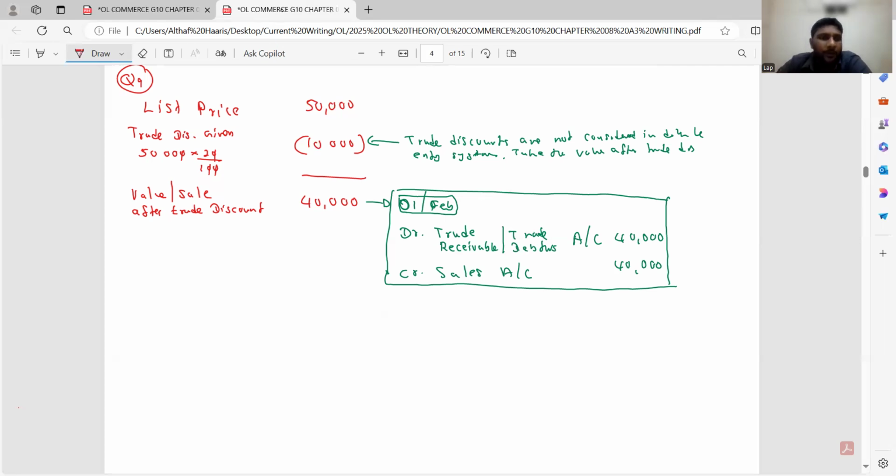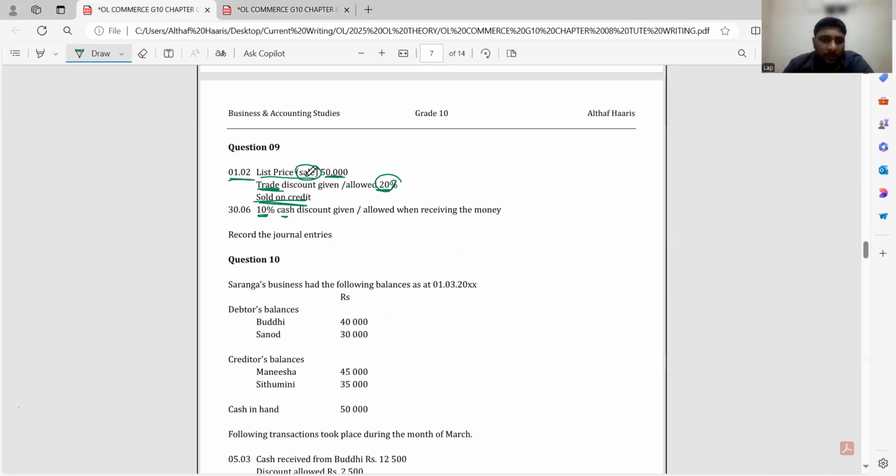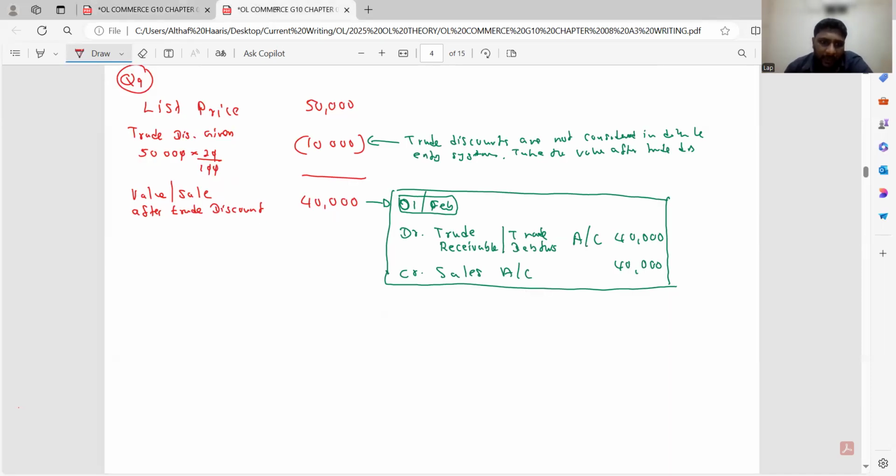Okay. Now let's move to the next one. On 30th June, when we are receiving the money, we have given him a discount of 10%. So it's a cash discount. Cash discount given or allowed.